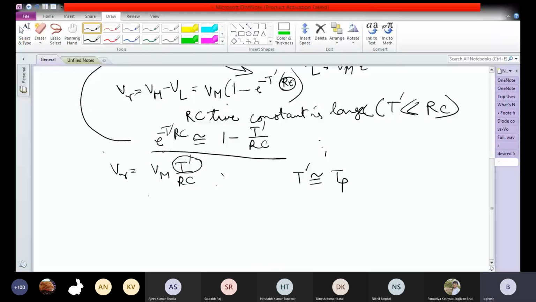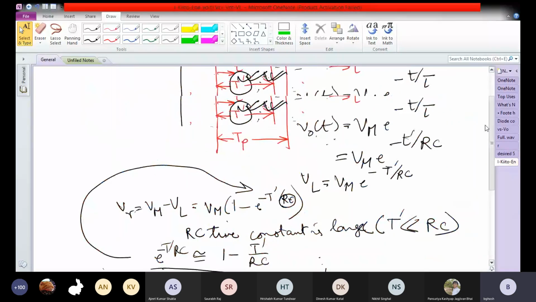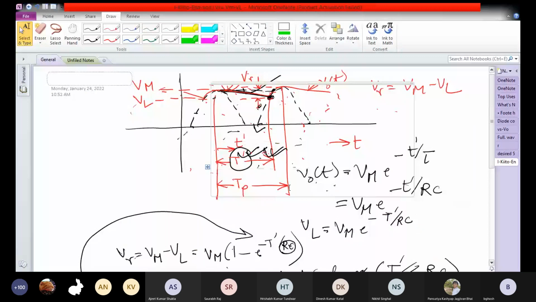So for a full wave rectifier, TP is 1 by 2f, because it is half the signal period. What was TP? Here, it is half the signal period. Okay, this is a full wave rectifier, so it is half the signal period. The full signal period is from here to here.